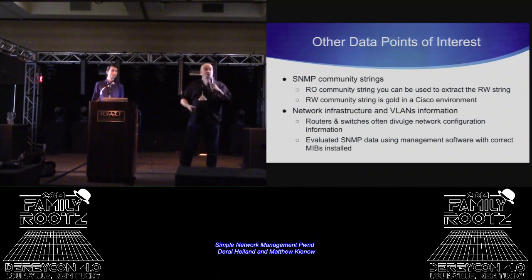So it's easy enough to get yourself an SNMP management tool, go to the company that owns that device and get yourself the MIB text file, install it on your device. That way it can interpret that data, and now you can pull that data down and map out key parts of their internet-facing infrastructure.